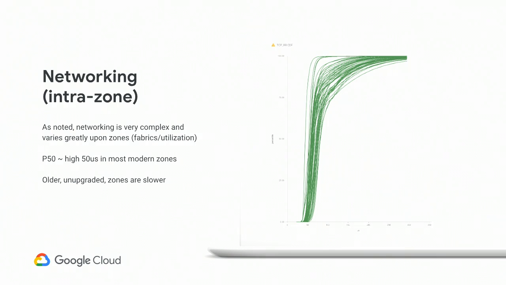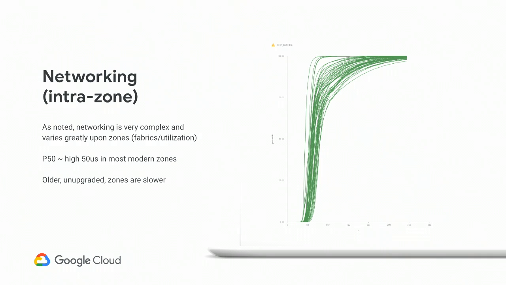If you squint, maybe you can see two giant bands in the middle there, and that basically represents a couple different generations of network fabric that we use. We are upgrading all of our zones commonly, and the worst ones on here, if I can say it, happen to be in Asia 1. We are upgrading those, and we assume they will move slightly more to the left.